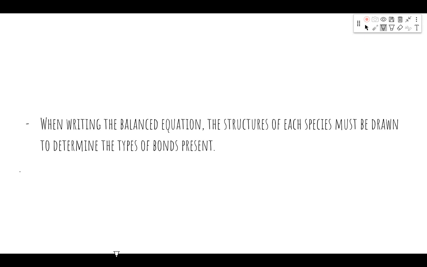It's very important that we review that because we get into the habit of drawing these Lewis structures because a lot of times you might not be given the structures, but rather just the reactants and the products, right? So you'll have to draw it out to see what bonds there are and how many of it there are, and then you can do those calculations. If you don't get that right, your answer might be wrong.